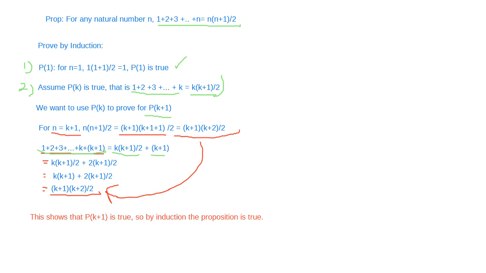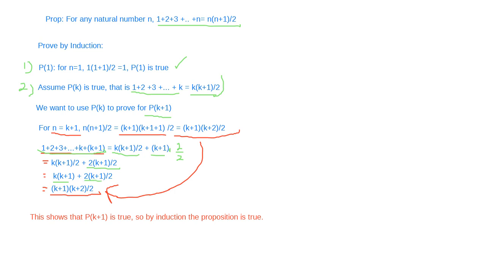Then we simplify this. The first term is divided by 2, so the second term we also need divided by 2. So we multiply the second term by 2 over 2, because we can only multiply by 1, and this 1 is 2 over 2. So the second term becomes 2 times k plus 1 divided by 2. Now the two terms have a common denominator of 2, so I can add up the numerators. The numerator for the first term is k times k plus 1, for the second term is 2 times k plus 1.